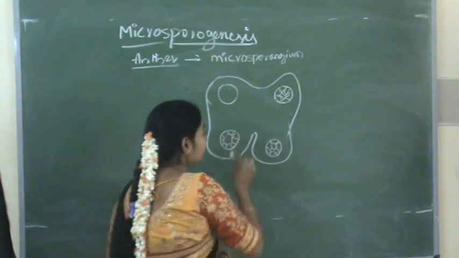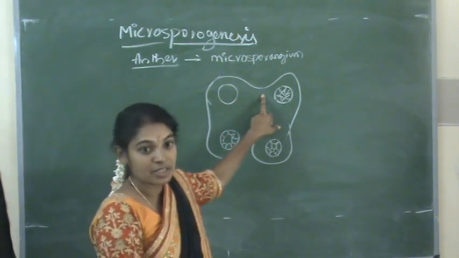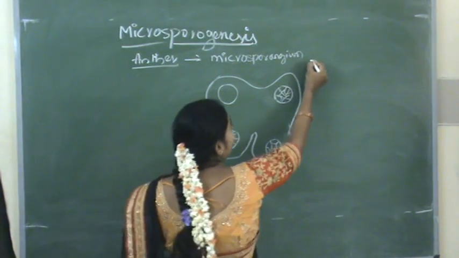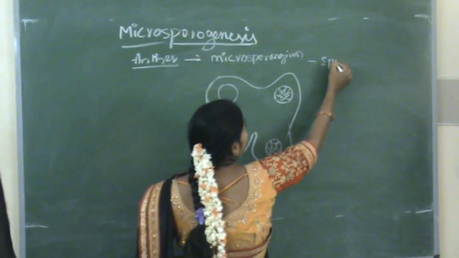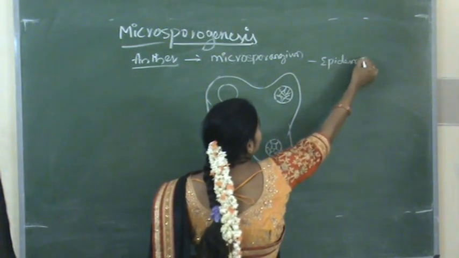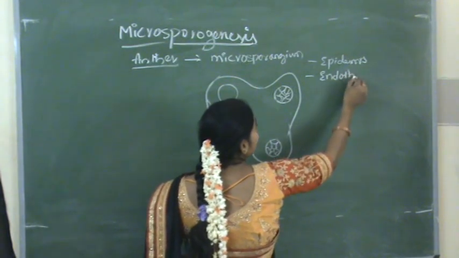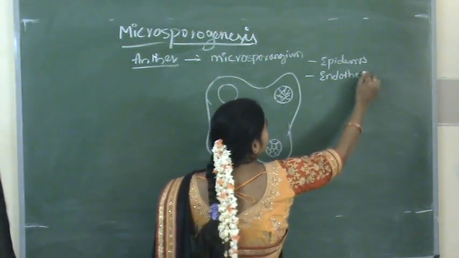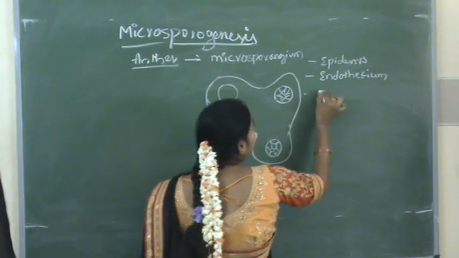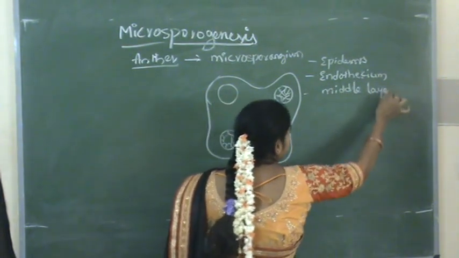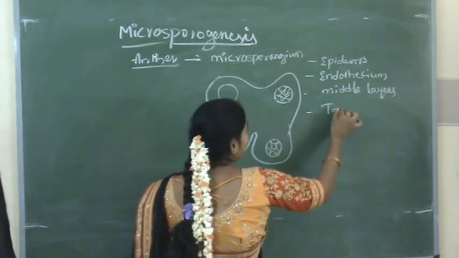When we discussed the walls of the anther, there are 4 walls present in the anther: epidermis, endothecium, middle layers, and tapetum.